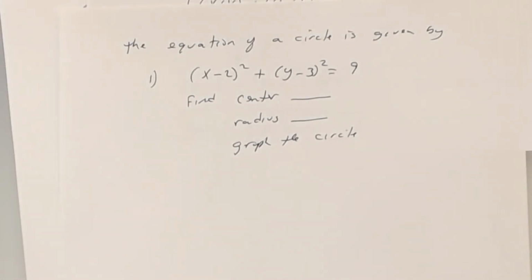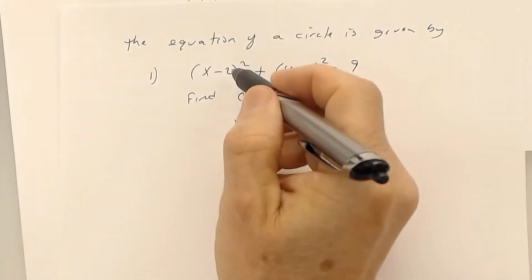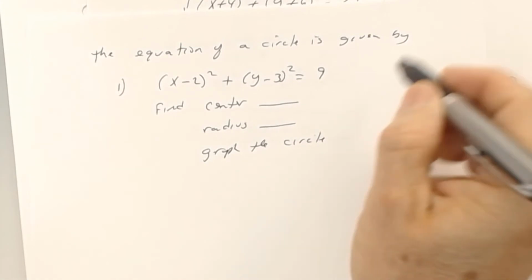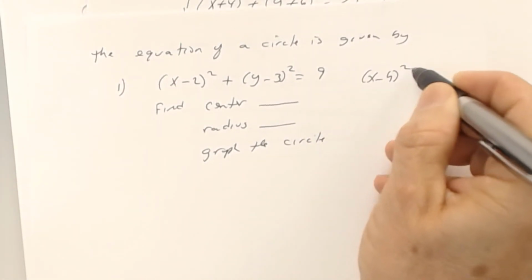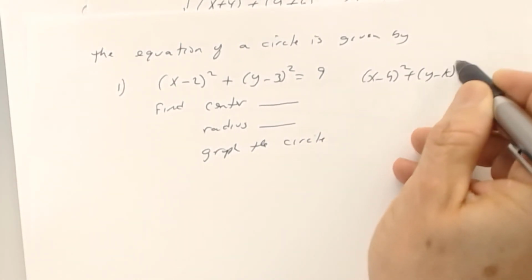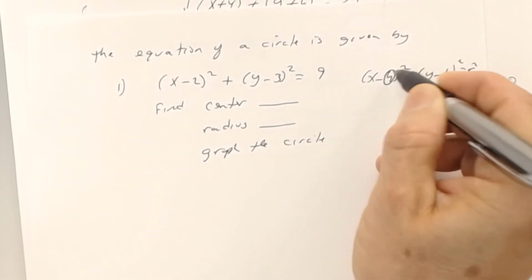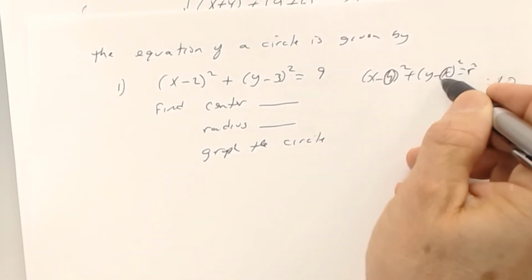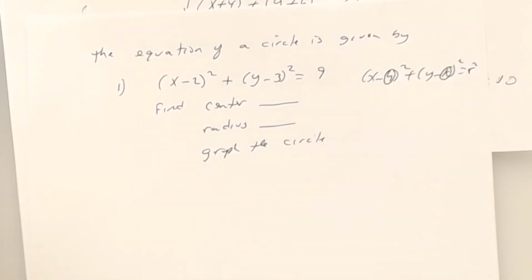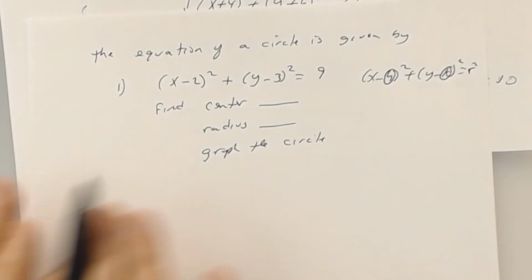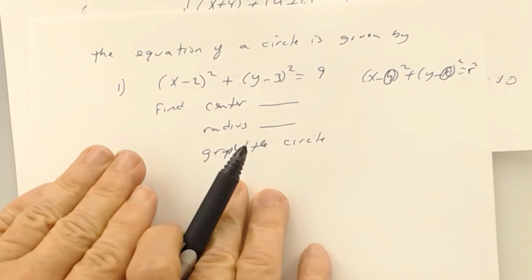What do you think the center is? 2, 3, right? Not negative 2, negative 3. Because remember, the equation is x minus h squared plus y minus k squared equals r squared. So (h, k) is your center. Using the examples we did earlier should have helped you determine the center right away.